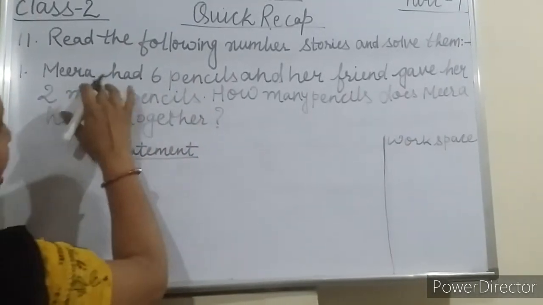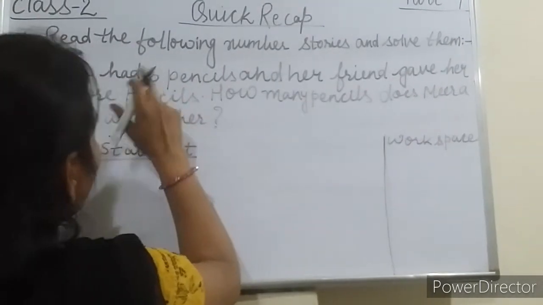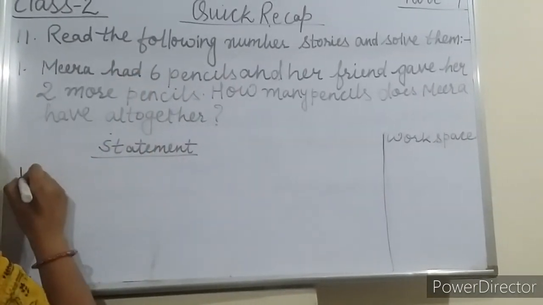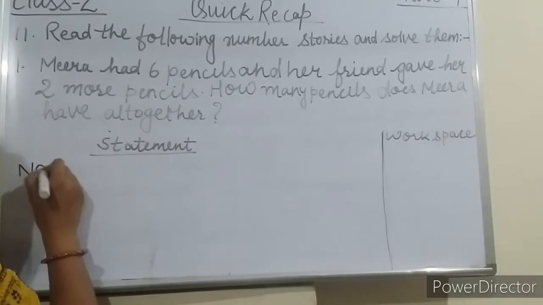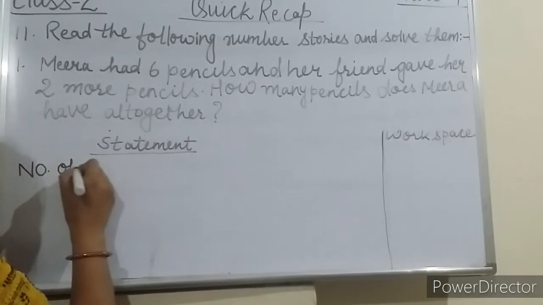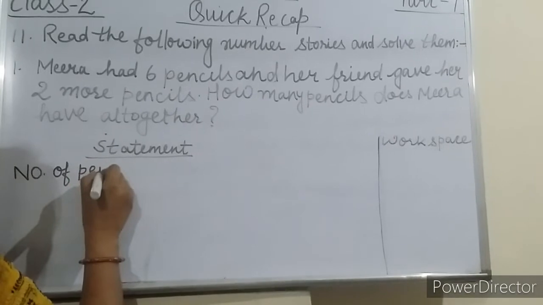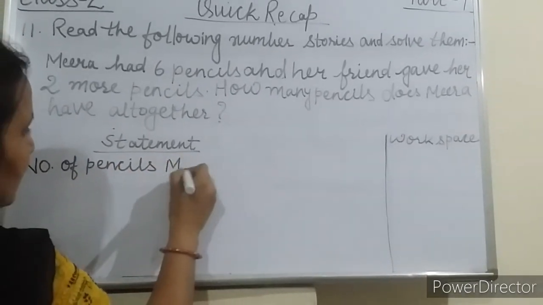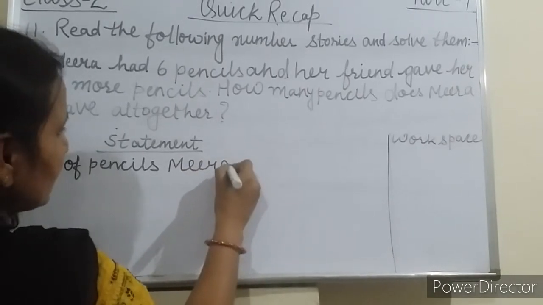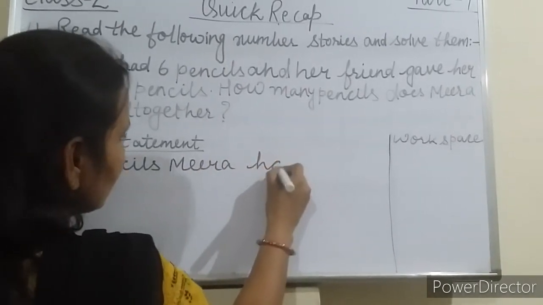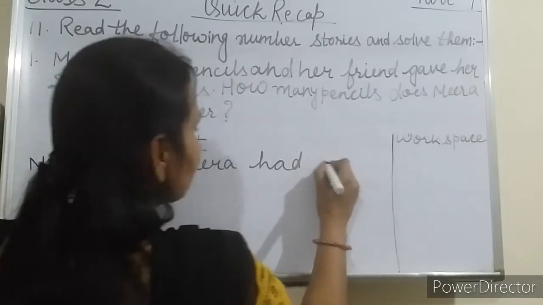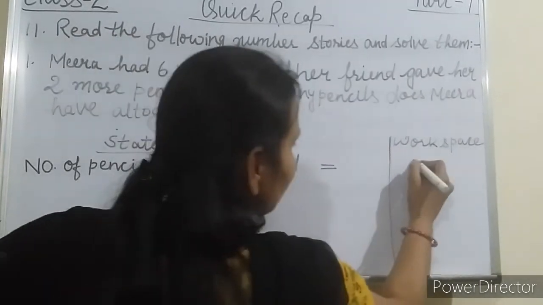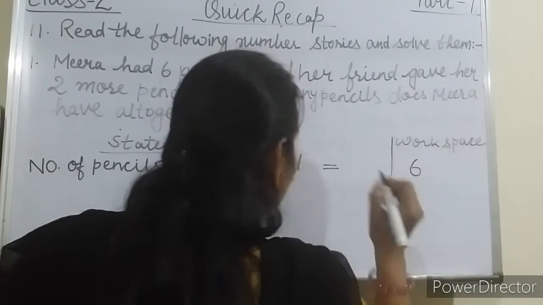So how many pencils Meera had? Meera had 6 pencils. So here you will write number of pencils Meera had. Meera had 6 pencils, so here we will write 6.